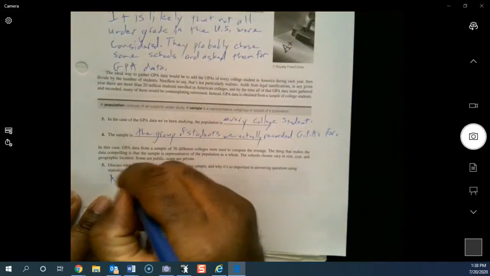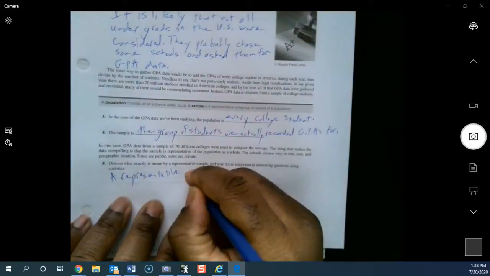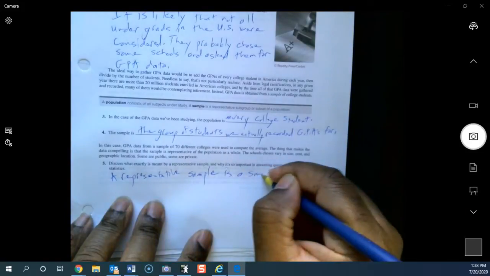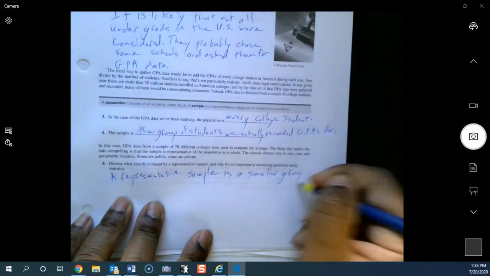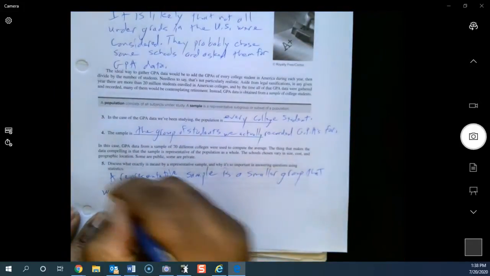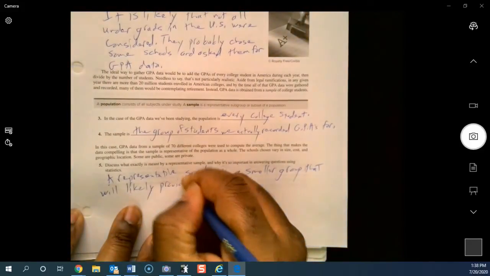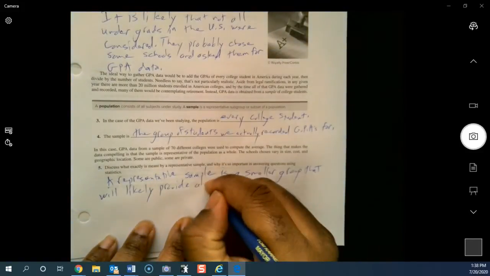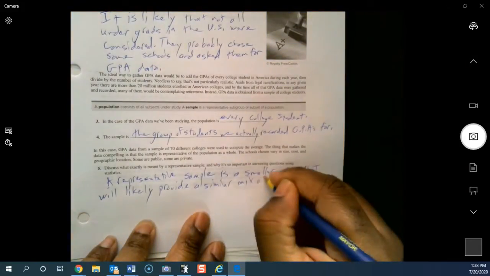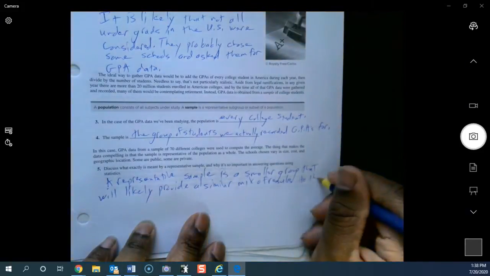A representative sample is a smaller group that will likely provide a similar mix of results to the entire population.